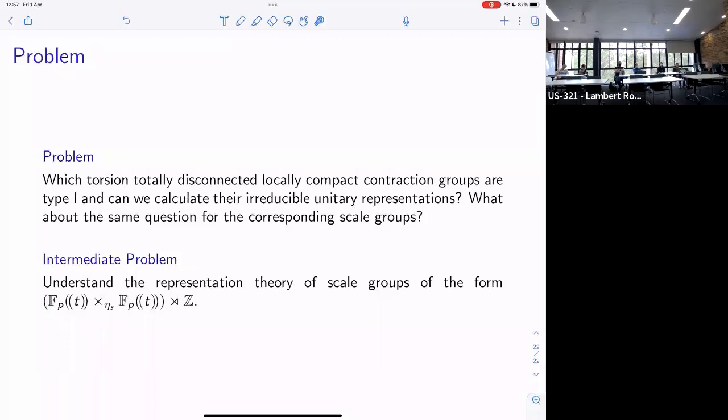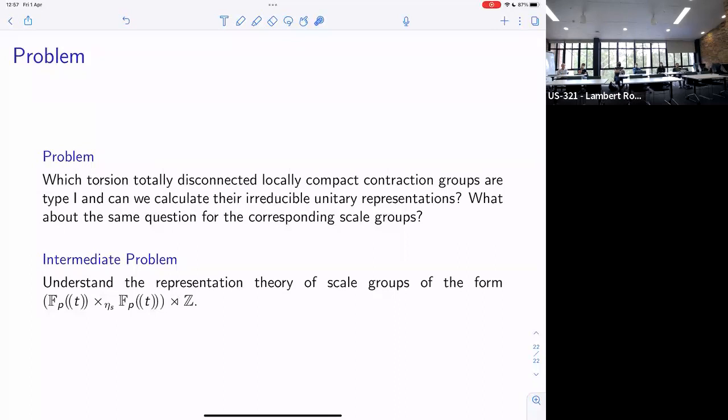The two-step nilpotent torsion TDLC groups are precisely of this form, where we have a central extension of the formal Laurent series over a finite field by itself, and these extensions are defined by certain 2-cocycles.